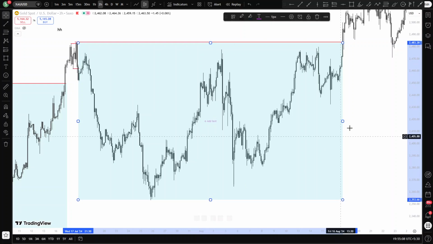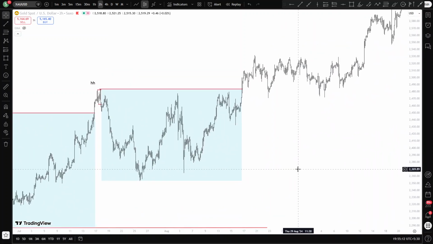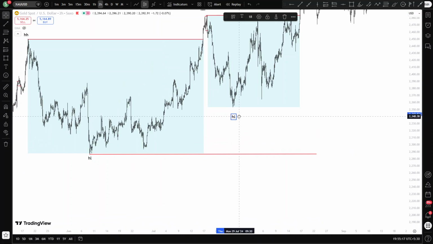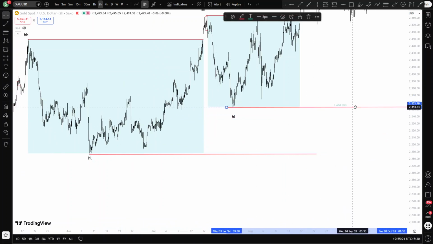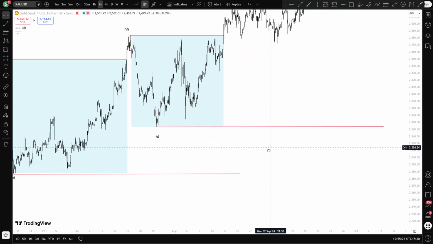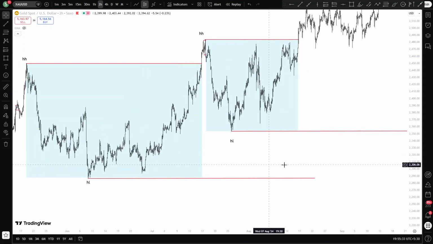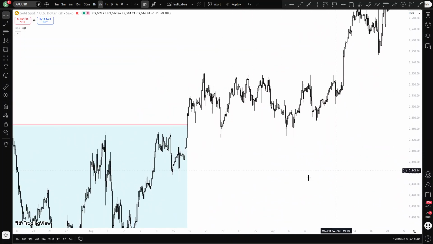Once you pull it like this, you have a point where you are going to mark your higher low. So this is the point where your higher low is supposed to be. So the market keeps on moving.